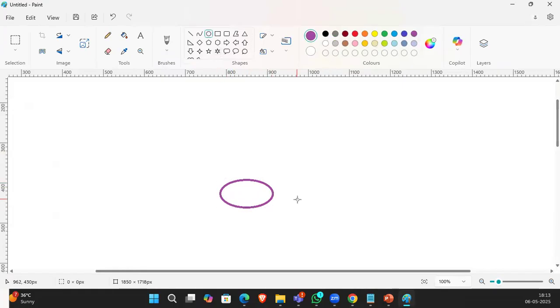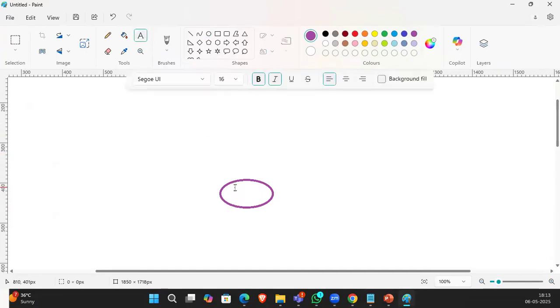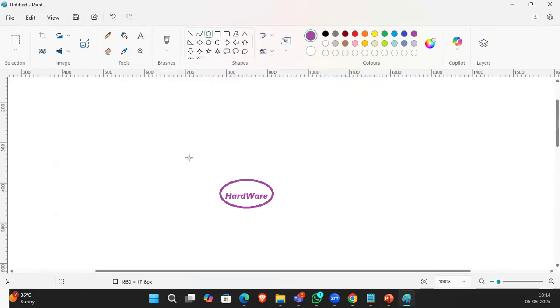Yeah. So what is this? So for example, this is a place where we are installing the OS. So we are installing the OS on hardware, right?